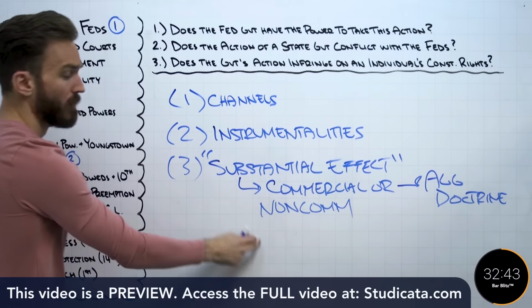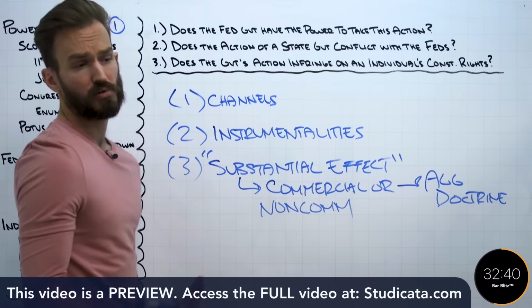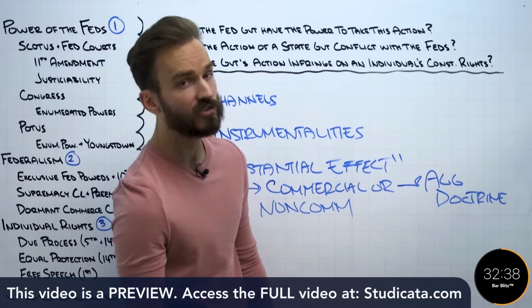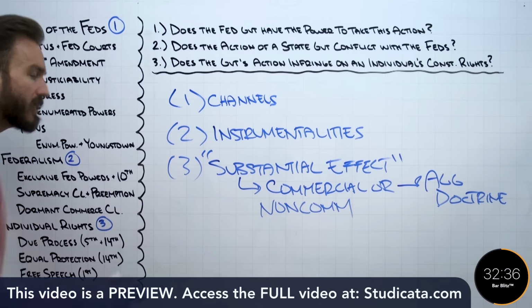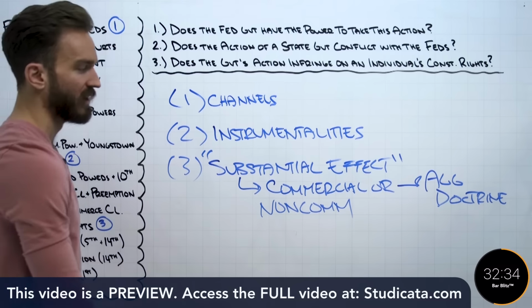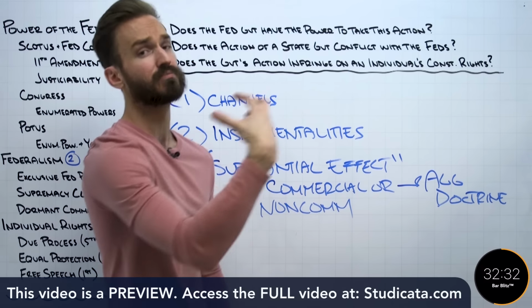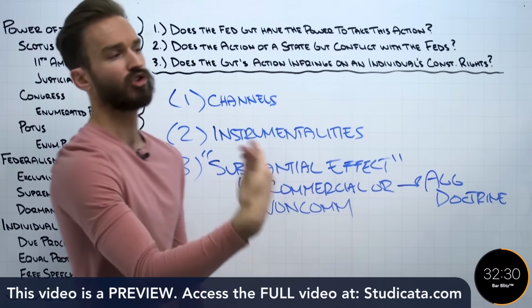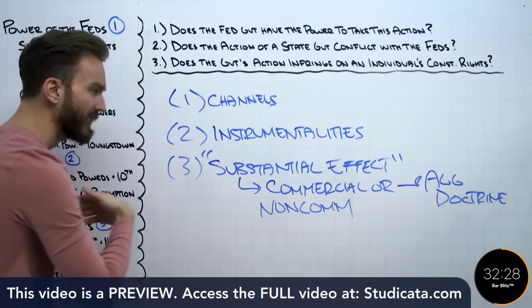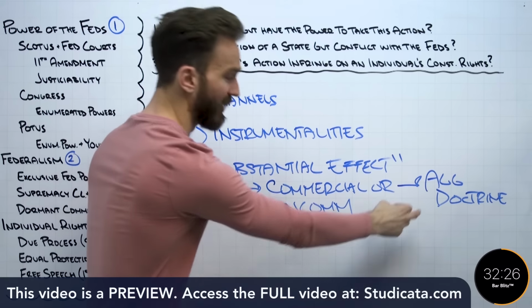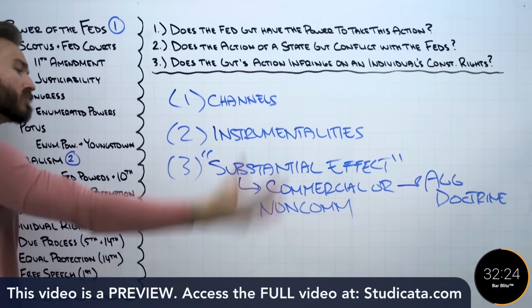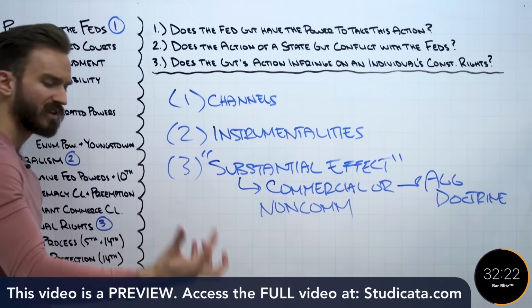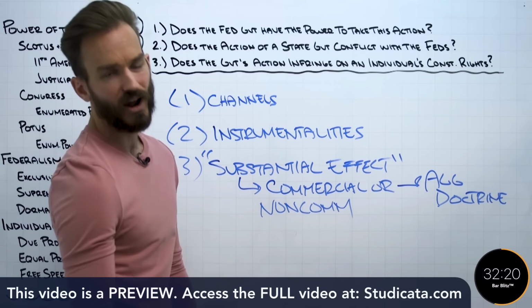Possession of a gun in a school zone is not something that's going to have a substantial effect on interstate commerce. Now, possession of a gun in a workplace with 100 or more employees, an argument could be made that maybe that is more commercial in nature. When we're talking about an office and employees getting something done, doing work, we could see how that might have a substantial effect in the aggregate, because that's more of a commercial activity. But pure possession of a gun in a school zone, that's United States v.